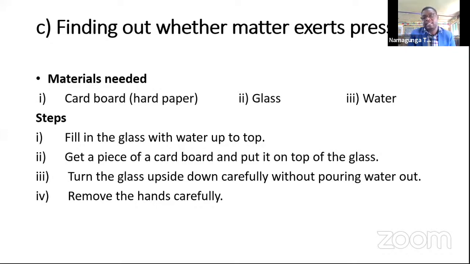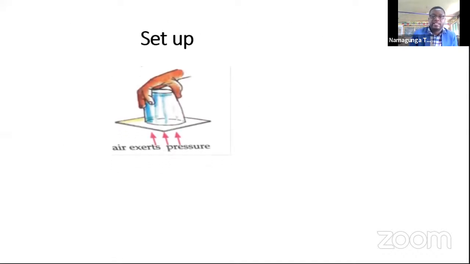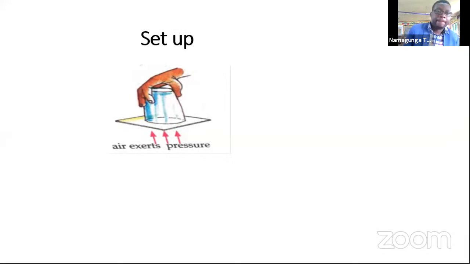Don't turn it slowly. You turn it faster, but you keep holding it. Then you remove the hand that was holding the cardboard, and you will see the water is not pouring. That tells you that air, our matter, exerts pressure.